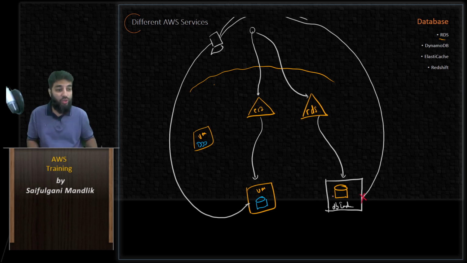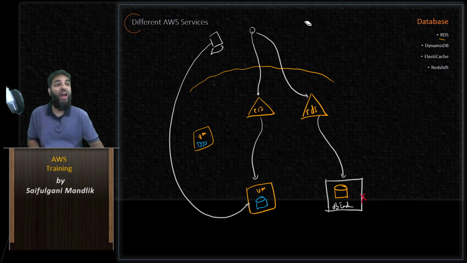The reason why you would go for it is because along with creating a database for you, the RDS service gives you lot of ready-made capabilities. Lot of administrative tasks are taken care by the RDS service, which if you don't use RDS, you'll have to do it yourself. Example, let's say there is a new minor version released for your database.